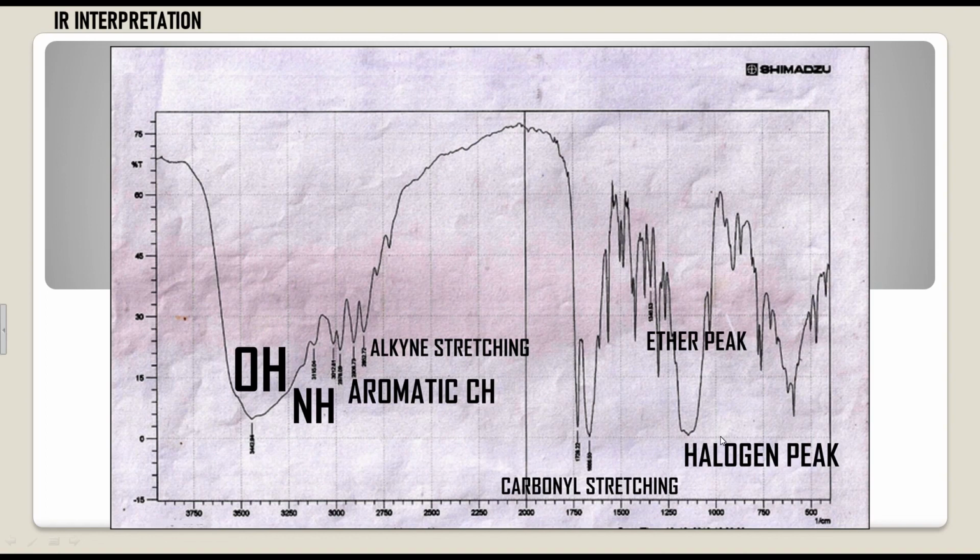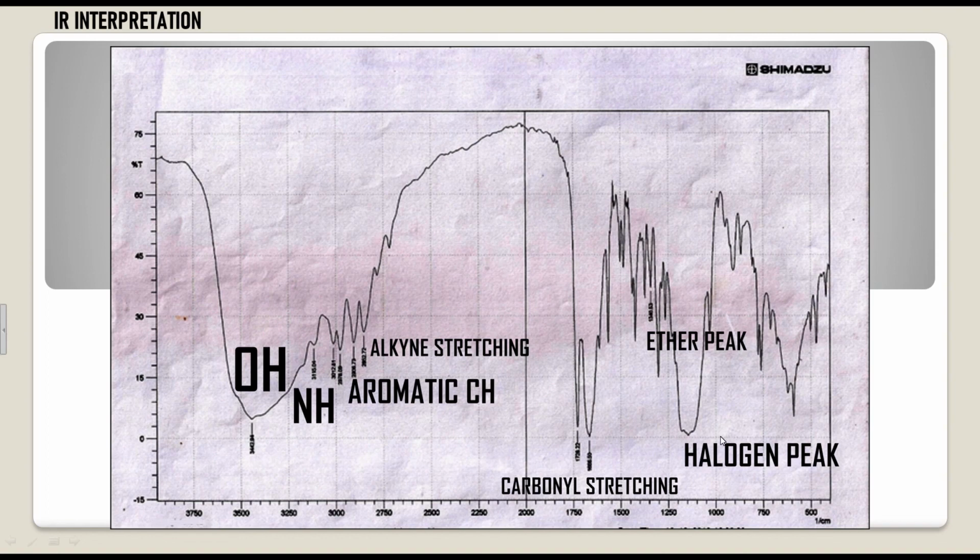If you know all these four, then interpreting IR spectrum is very easy. So you have to concentrate on functional group first. Then one by one you have to concentrate. Then any IR spectrum you can easily interpret.